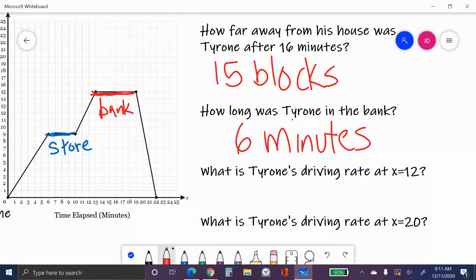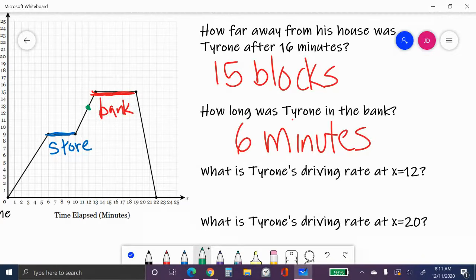Here are the good questions. What is Tyrone's driving rate at x equals 12? So at x equals 12, where is that? This is x equals 12. I'm going to look all the way up to my function and make a little dot right there.